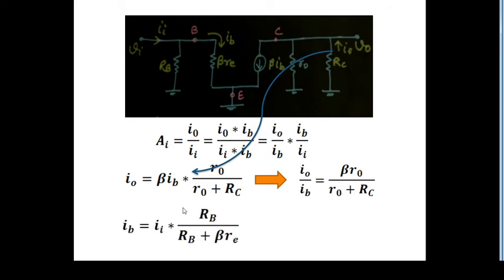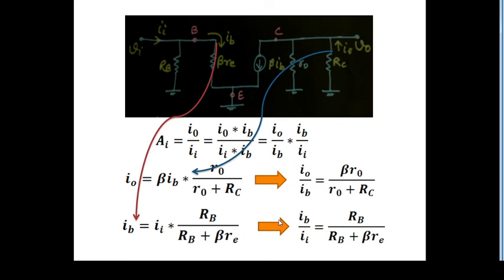You can find this expression very easily from simple network theory. So IB by II is RB by RB plus beta RE.